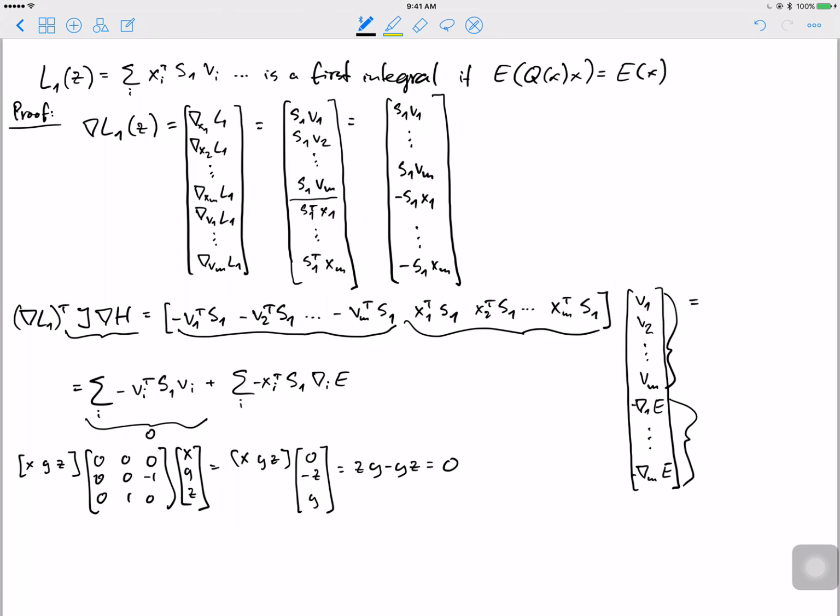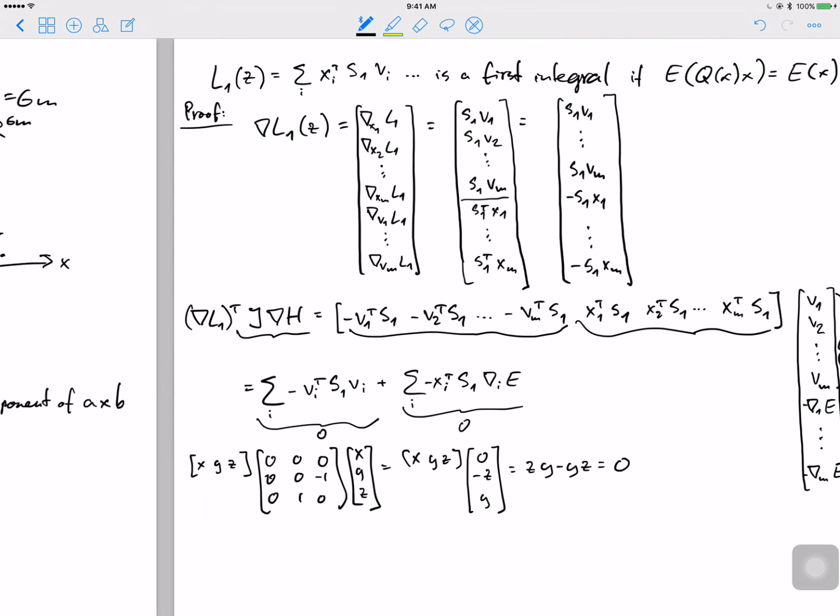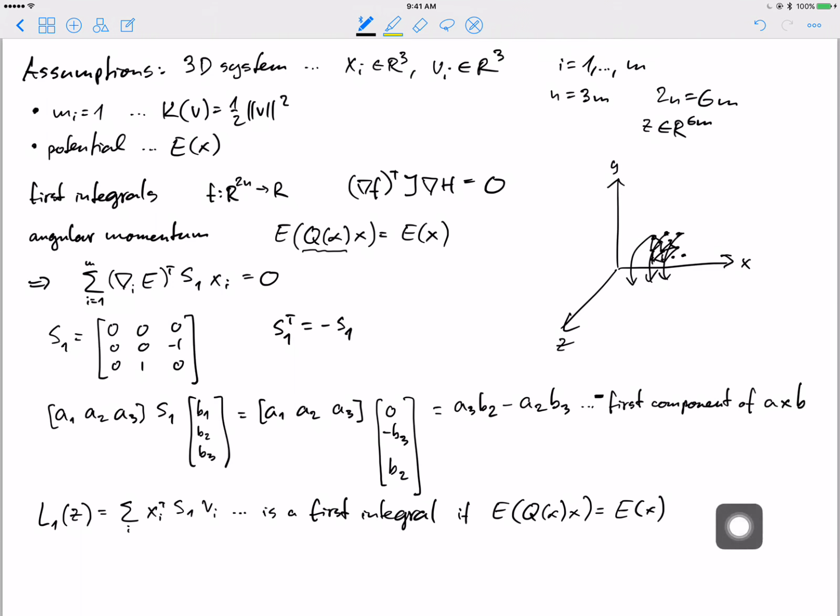And guess what? The second term is also 0. And that's exactly because of what we have shown here. That's exactly this, which follows from the rotation invariance of the potential with respect to the x-axis. I didn't redo this derivation because that's what we did the last time, how from this you can get this.